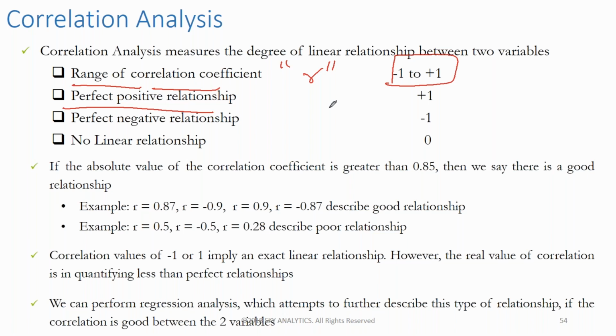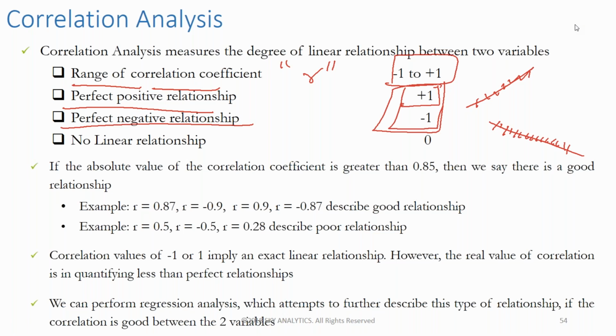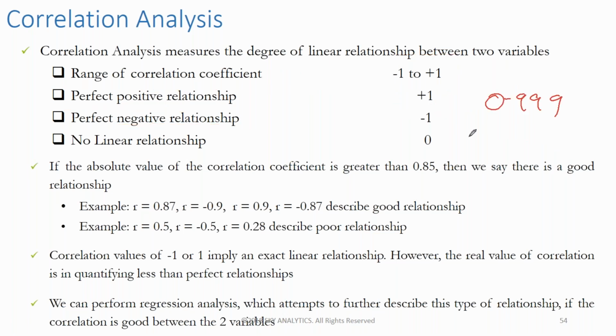Perfect positive relationship is +1, and all points should lie exactly on the straight line. For perfect negative relationship, if you have a negative line like this, all the data points should lie on the straight line. But getting perfect positive and perfect negative is highly unlikely. You might get 0.999 or -0.997, but getting +1 and -1 is slightly difficult. It is not impossible, I'm telling it as rare cases. It depends on your data.